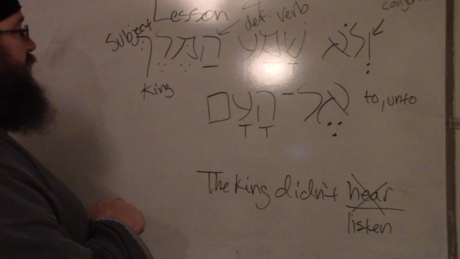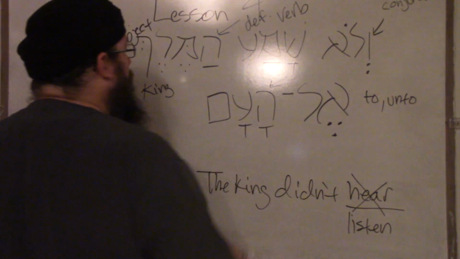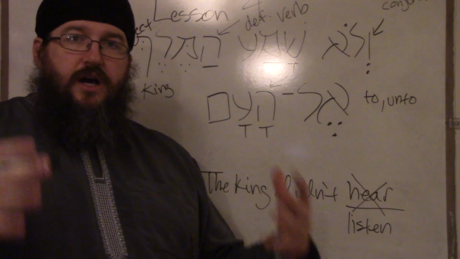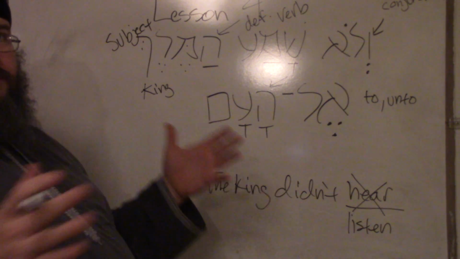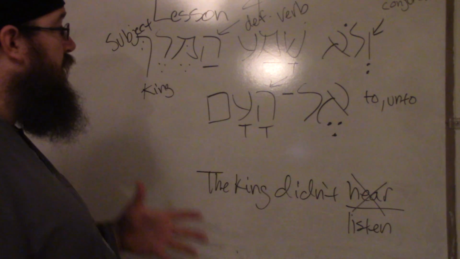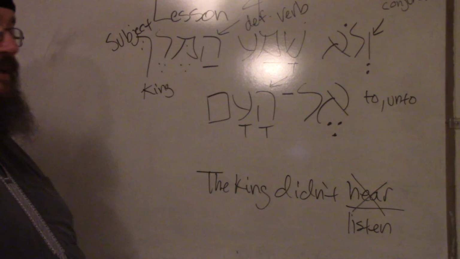Next, we have the next part, which is ha'am. We know that if we point here, we see the hey. The hey is not the definite direct object marker, it's the definite article. It's the definite article that attaches to the noun, which tells me that this noun is definite.